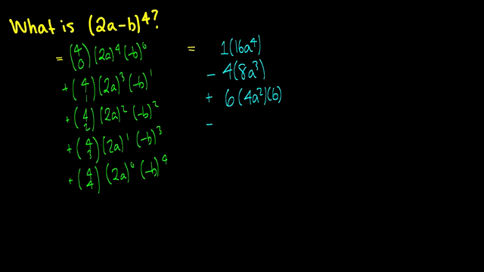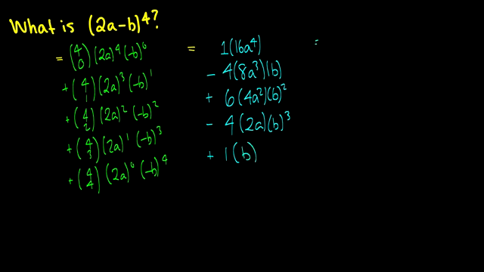Our next one is going to be minus 4 times 2a times b cubed. This should be b squared in the second one. And the first one should be times b. I don't know why I keep forgetting to write the b's. I'm doing the subtraction right, but I'm forgetting the b's. And then we're going to add 1 times b.